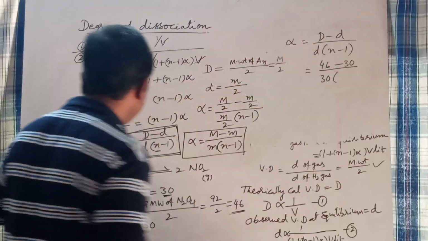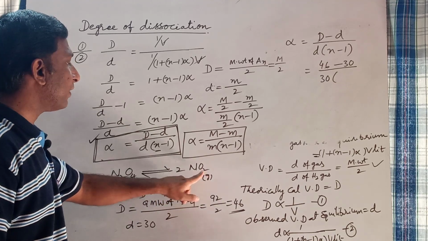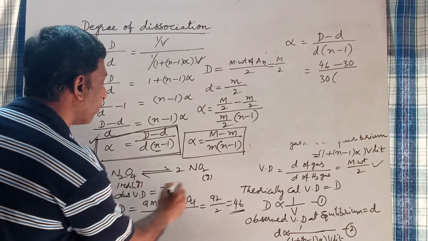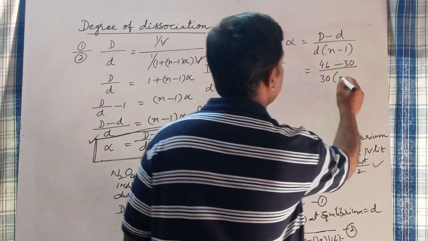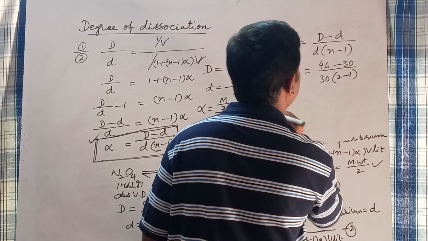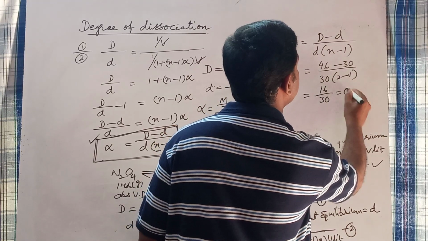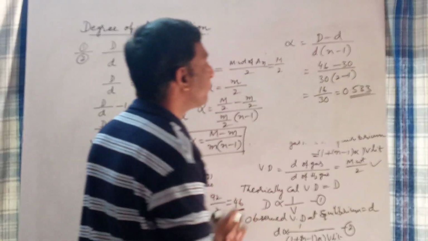Here 1 mole of N2O4 is decomposed to form 2 moles of NO2. So here 1 mole is giving 2 moles. Therefore n value is 2 here. 2 minus 1. Therefore 16 by 30, that equals 0.533. This is nothing but degree of dissociation.